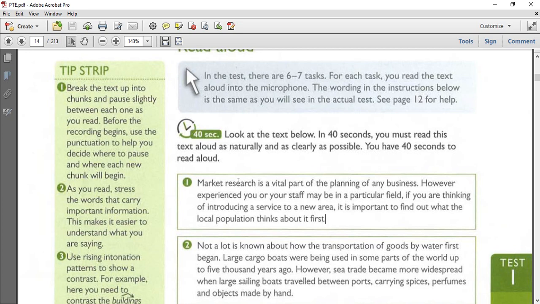So the first tip is not considered to be hard, because once we see a comma or any punctuation, we just pause a little bit so we can show the listener that we have said one particular important piece of information or one sentence of what we were going to say.